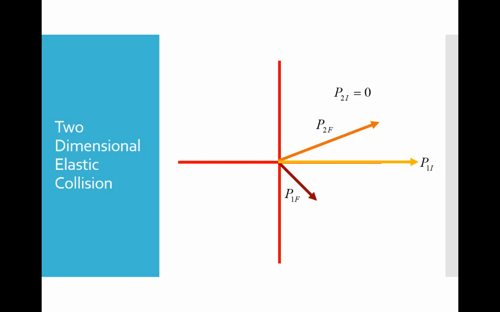We can then add those two together by doing component vectors. So there's object 2's final vertical and final horizontal. We can also look at the horizontal and vertical momentum for object 1 final.